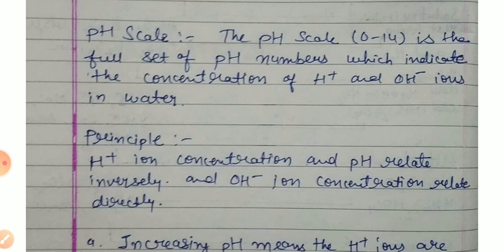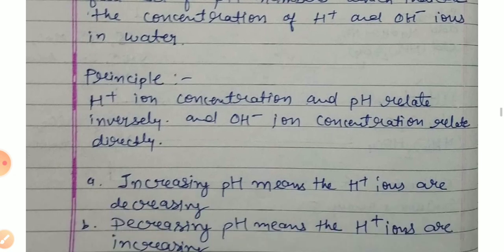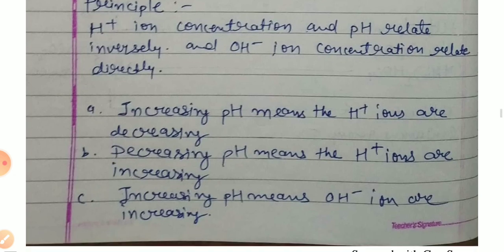The H plus ion concentration relates inversely to pH, and the OH ion concentration relates directly. So these are some points. By increasing the pH, the H plus ions decrease. If pH increases, the H plus ion concentration decreases.